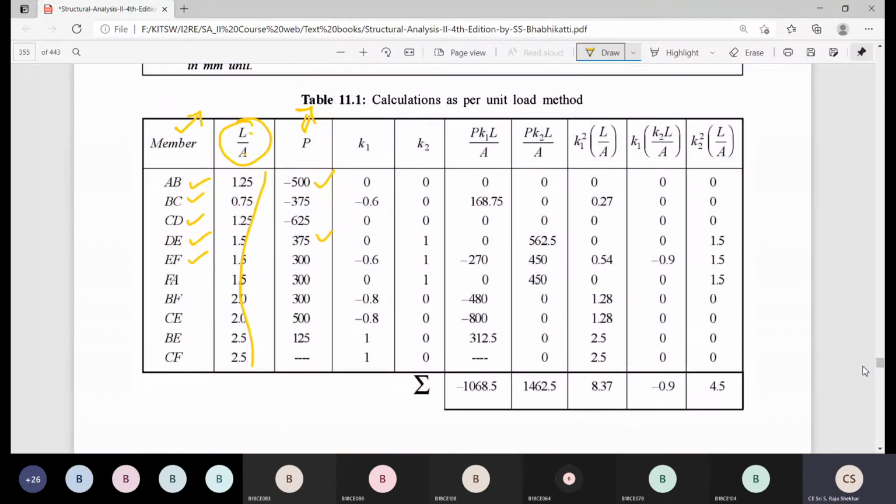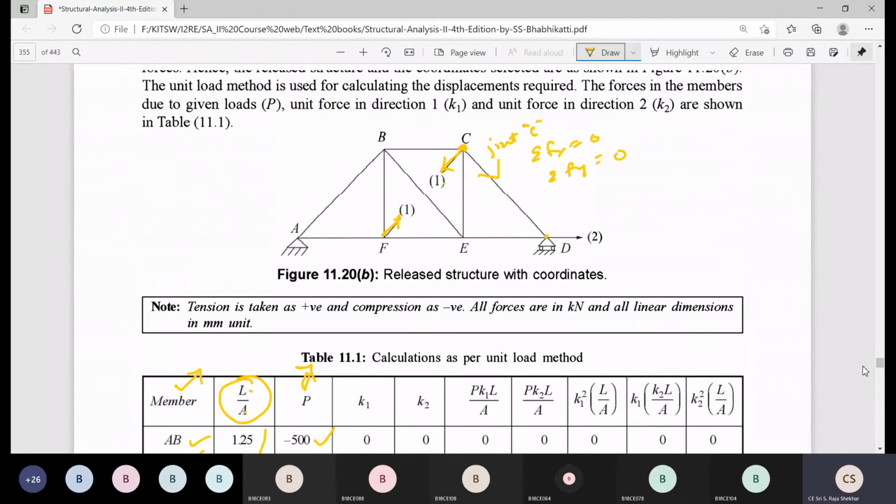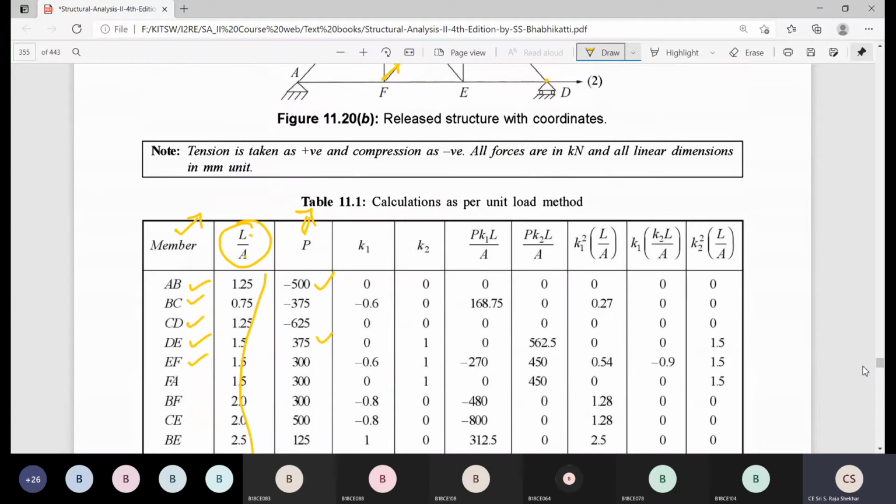Okay, so just represent the forces developed in member AB when you apply a unit force at coordinate direction 1. When we apply a unit force at coordinate direction 1, the force developed in member AB is 0. In member BC, -0.6 developed. In member CD, it is 0. So just calculate it. All just represent here.